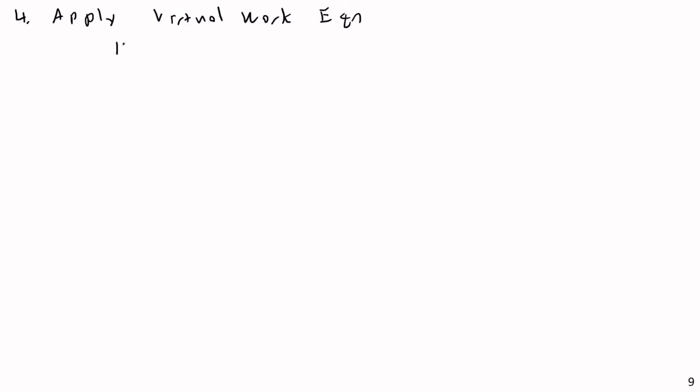And so we recall that our equation is 1 kip times delta, and I'm just going to call this delta A, the deflection at location A, is equal to 1 over EI times the integral from 0 to L of mv dx. I'm going to give myself plenty of room. So I will have 1 kip times delta A is equal to 1 over EI.